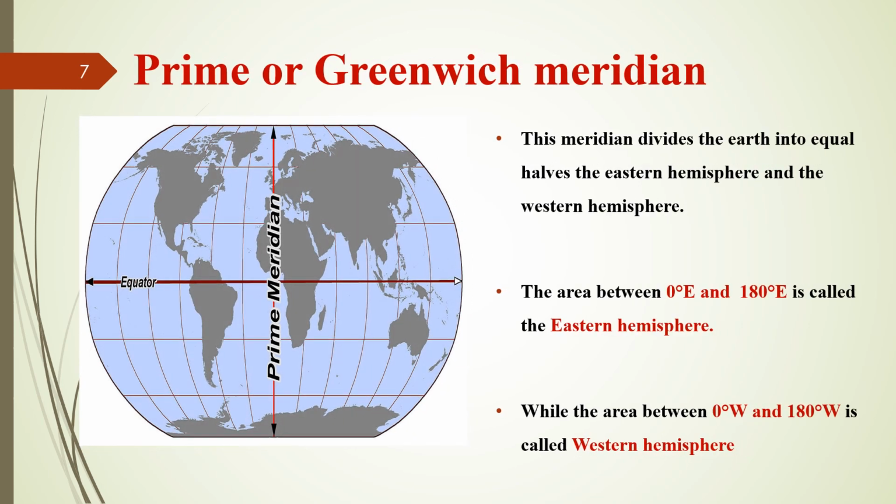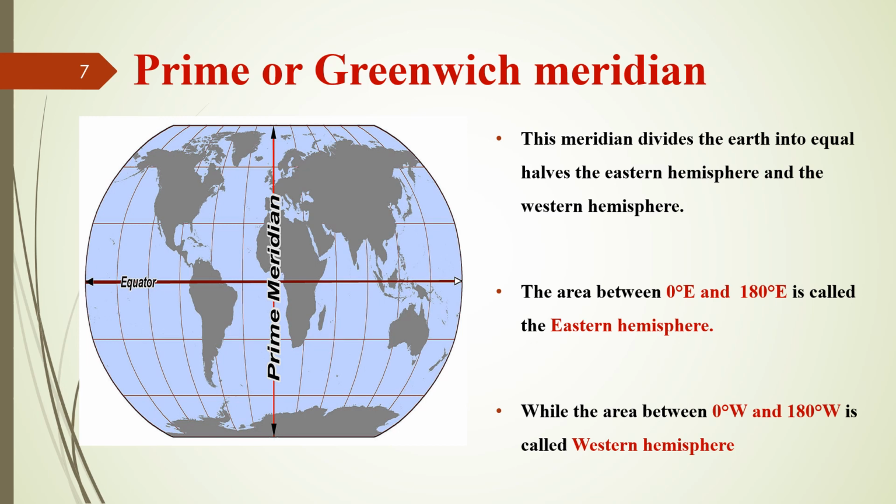The prime meridian is also known as the Greenwich meridian. Sometimes it is called the main meridian. It is numbered 0 degree. Everybody observe the 0 degree prime meridian on the slide. The 0 degree prime meridian divides the earth into two hemispheres, that is the eastern hemisphere and the western hemisphere.